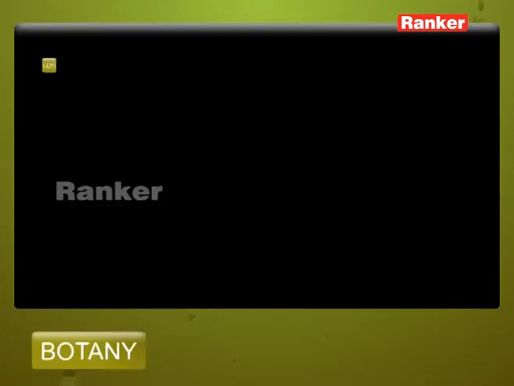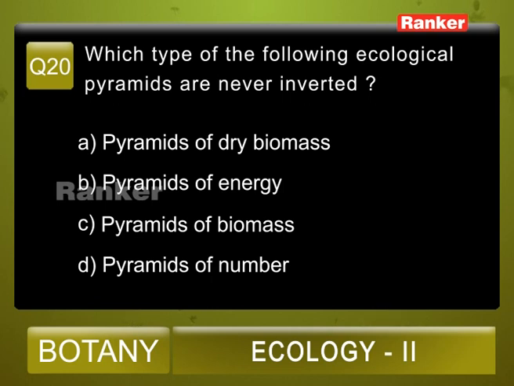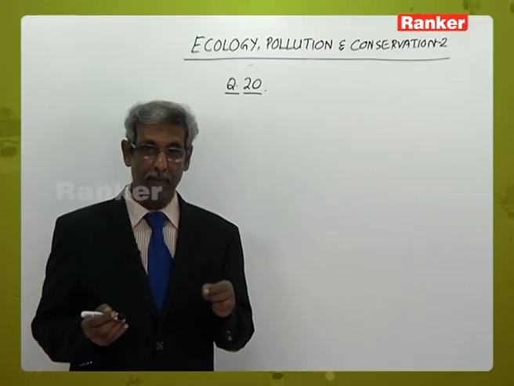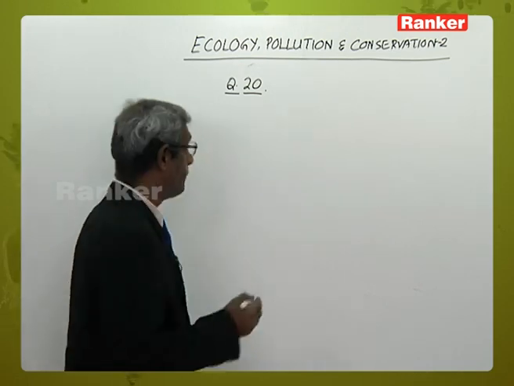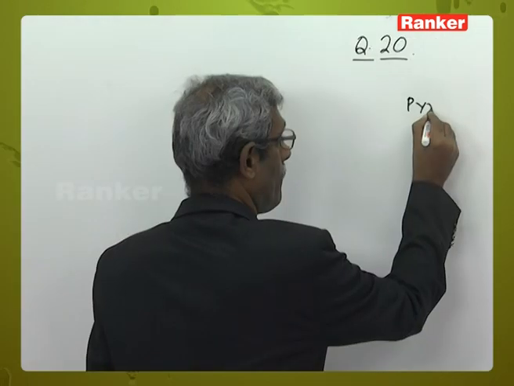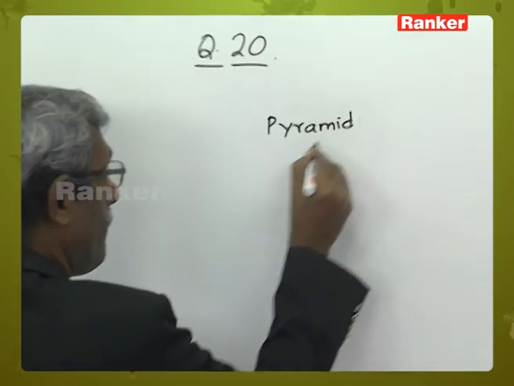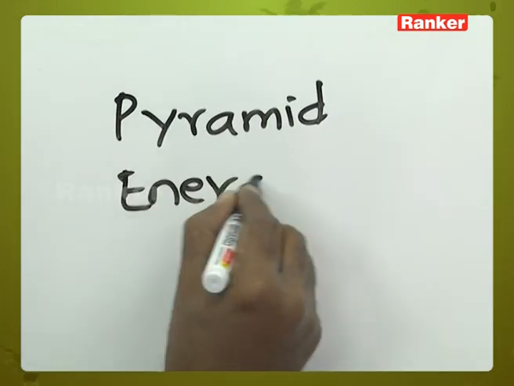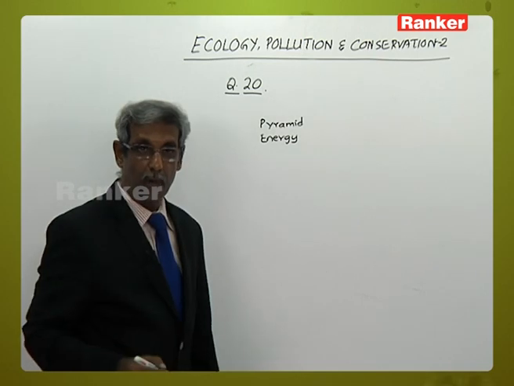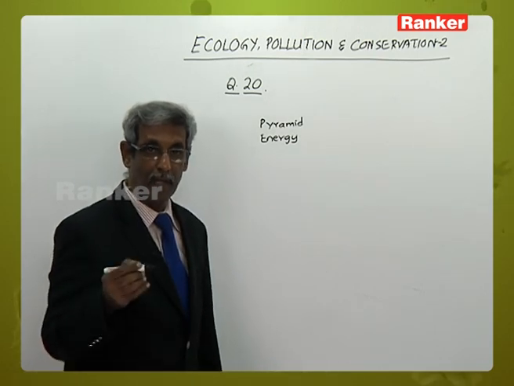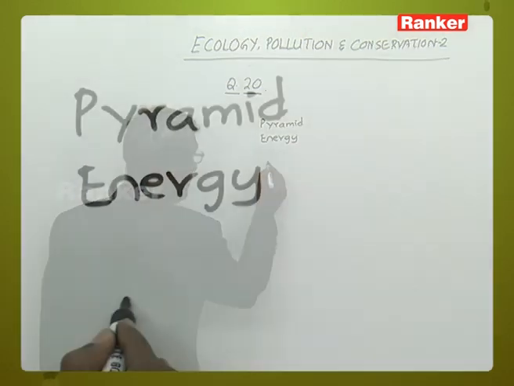Question number 20. Which type of the following ecological pyramid is never inverted? A. Pyramid of dried biomass. B. Pyramid of energy. C. Pyramid of biomass. D. Pyramid of number. Always, when you take the pyramid of energy, it is always upright. The meaning of this is that energy always comes from solar energy.